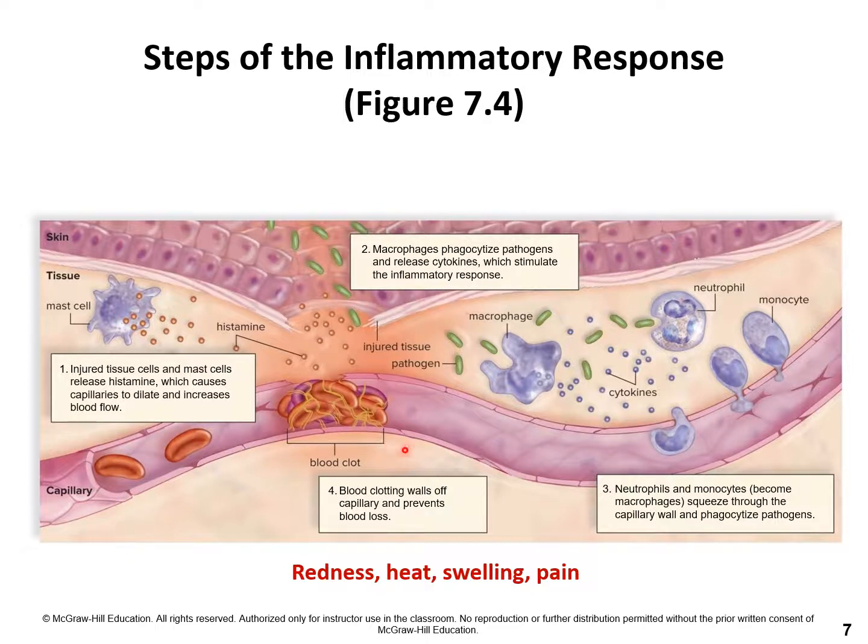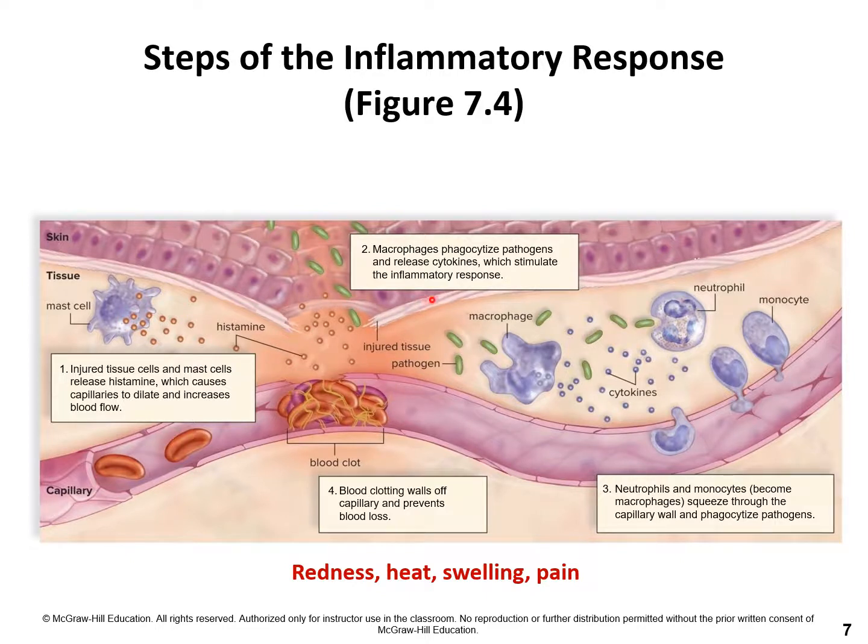So the dilation of these blood vessels near the injured tissue is going to cause an increase in blood flow to that area. That increase in blood flow serves to bring more white blood cells, more platelets, more things like that, so that this damage can start to be repaired.